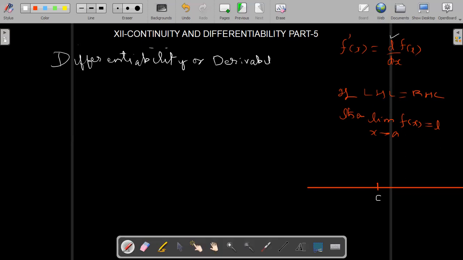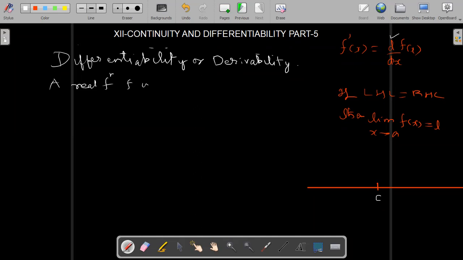Now your differential calculus starts. So what is differentiability? As I told you, if the left and right hand derivatives are equal, then a function is said to be differentiable. So how will we define it for a real function?